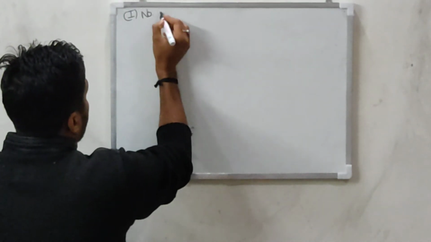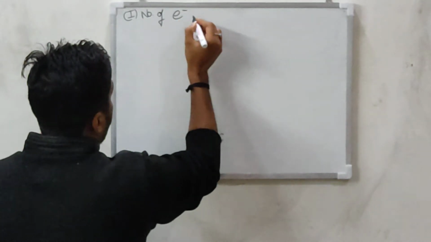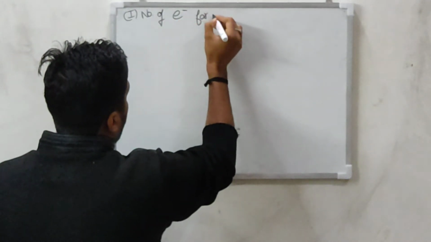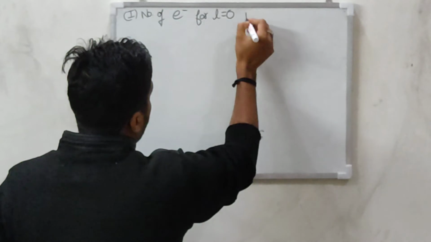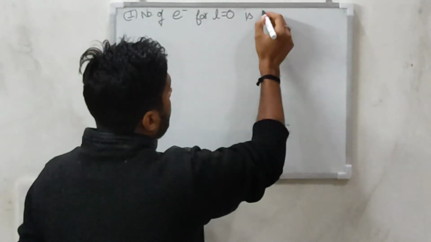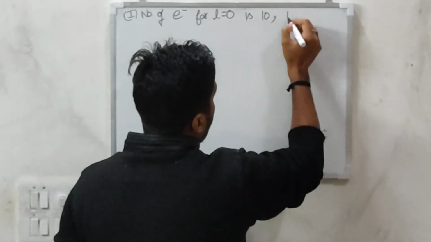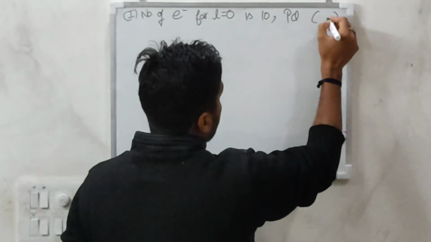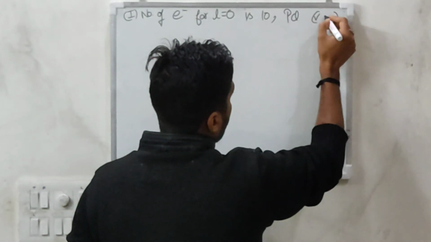Number of electrons for L equal to 0 is 10 in case of palladium. Is this true or false?